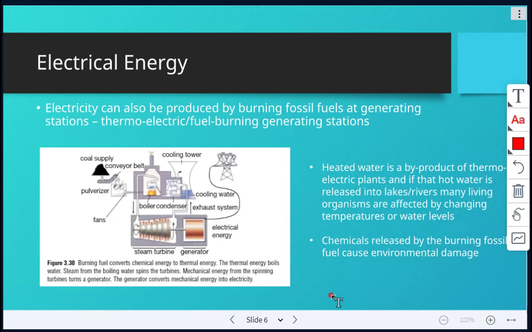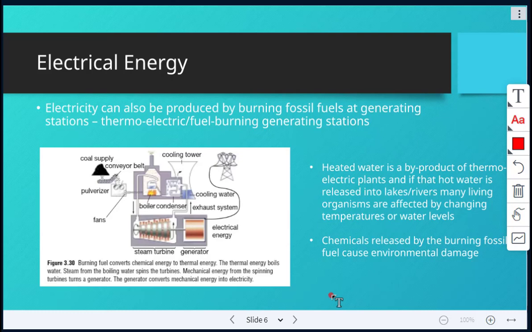All right, so heated water is a byproduct of thermoelectric plants. Sometimes if that hot water gets released into lakes and rivers, it changes the temperature of the lakes and rivers, and many living things are affected by those changing water temperatures.